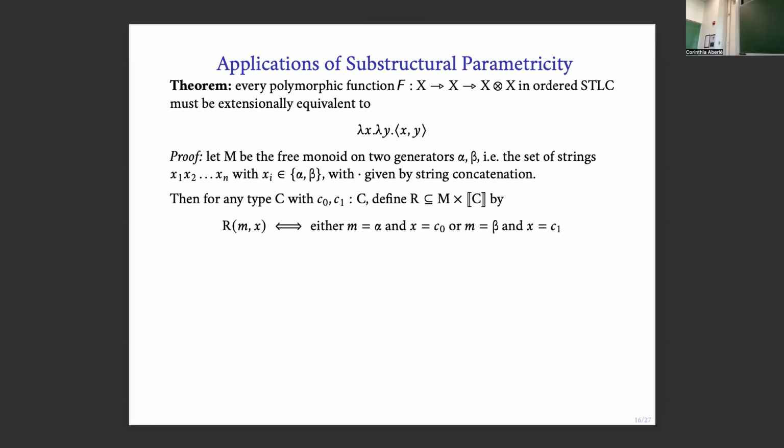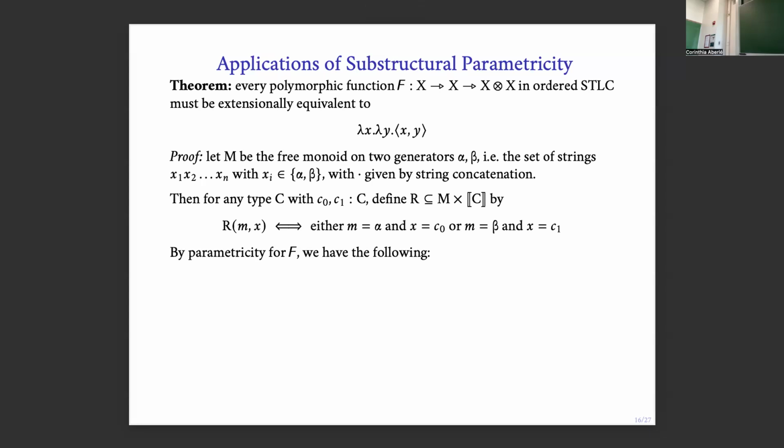Then for any type C and two elements, C0 and C1 of type C, we define R between M and closed terms of type C, such that M is related to X if and only if either M is just the singleton string alpha and X is C0, or M is just the singleton string beta and X is C1.